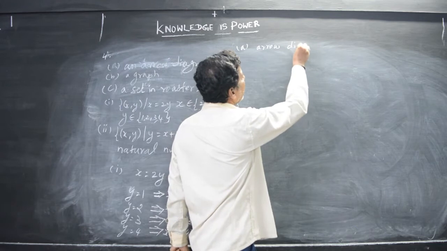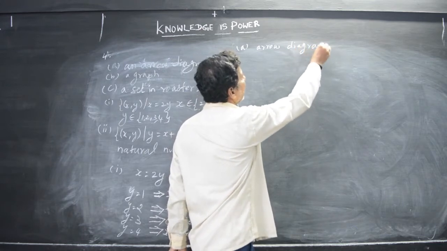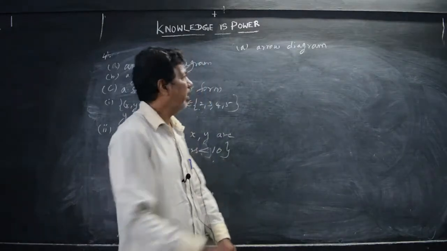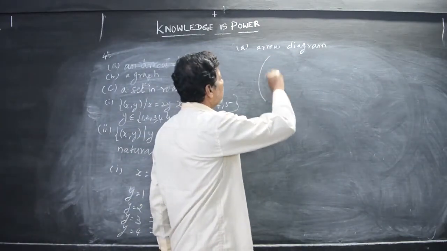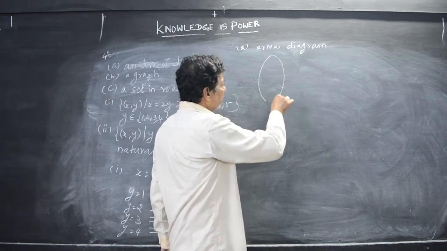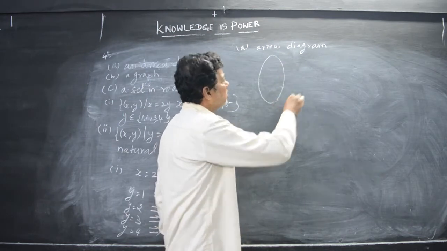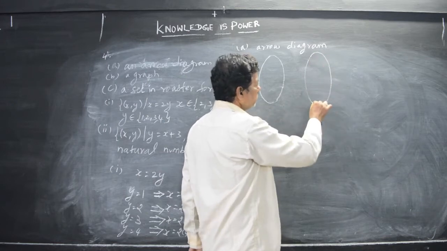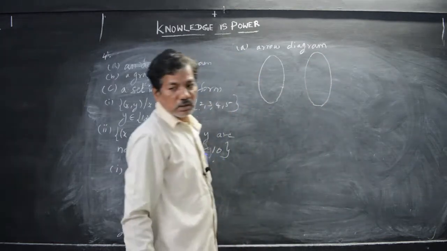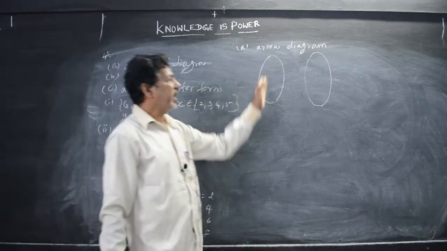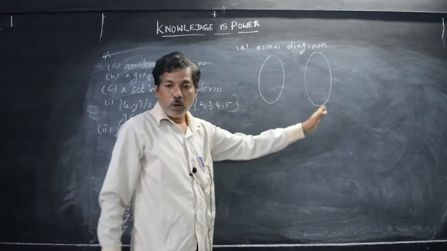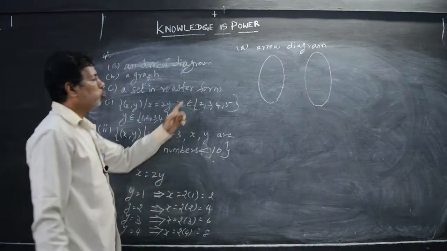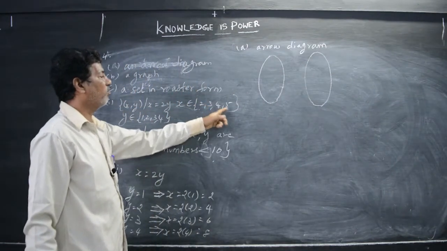You have to put a heading, then only we can understand: arrow diagram. How do we draw the arrow diagram? By a simple parabola shape like this. You have to draw one parabola symbol and another parabola symbol. Here you write the x values, here you write the y values. What are the x values given? 2, 3, 4, 5. The y values will be 1, 2, 3, 4. First, you have to write the x values: 2, 3, 4, 5.